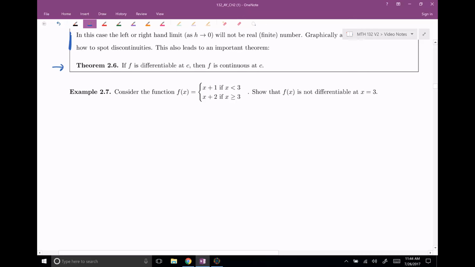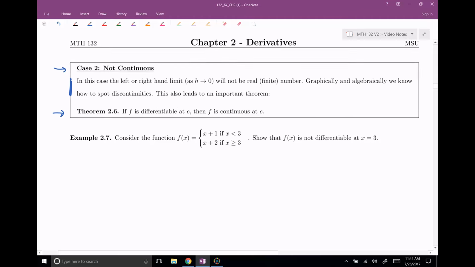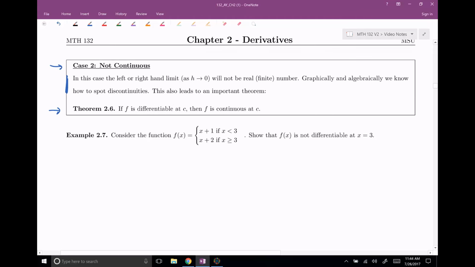All right, let's consider the following example where we have a nice piecewise defined function. The claim is that it is not differentiable at x equals 3. Let me note that if you were to blindly think about the derivative of the first function and the derivative of the second function, remembering that the derivative is slope, the slope of this function is 1, the slope of this function is 1, so you might say maybe the slope is 1 and it is differentiable.